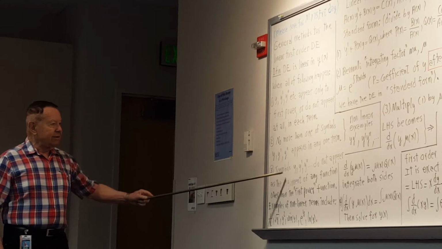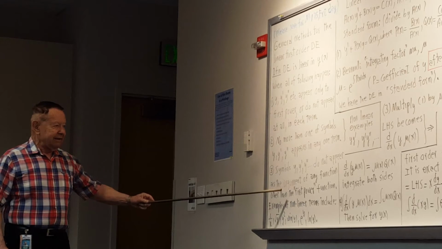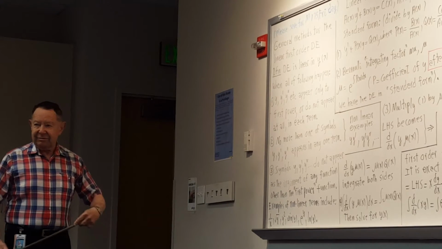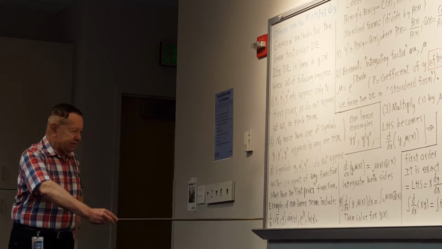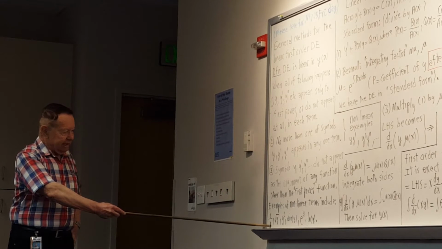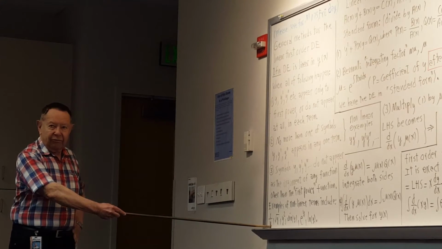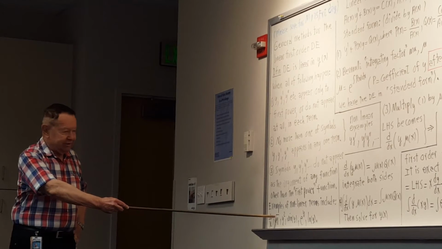And then they don't appear as the argument of any function other than the first power function. So examples of nonlinear terms would be 1 over y, where you see here the y is the argument of the 1 over function. Here it's the argument of the square root function.